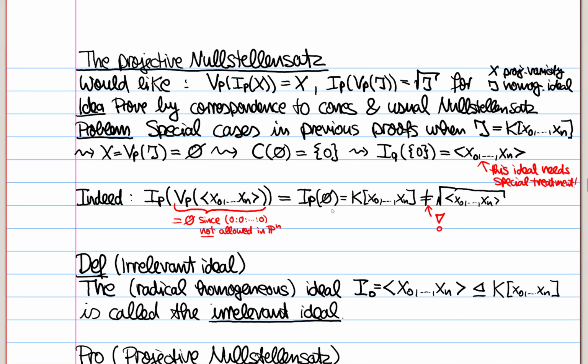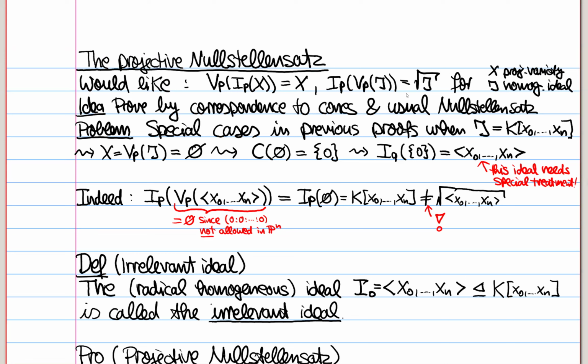And then the ideal of the empty set is the entire ring. Everything vanishes on the empty set. And you see, the entire ring is not the radical of this ideal, because this is the maximal ideal, so it's its own radical. So here we see this naive thing cannot quite work.